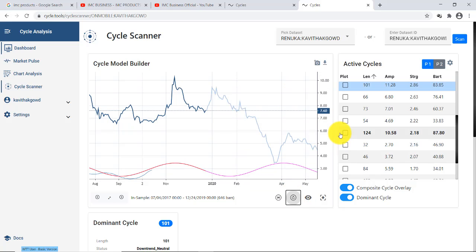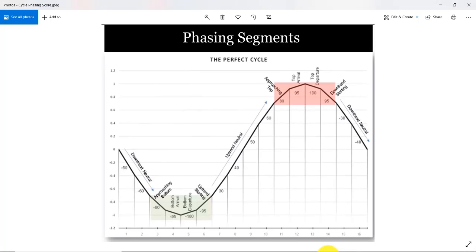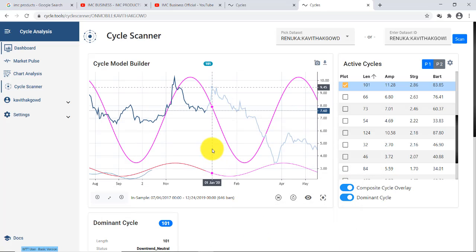Now assume, let's take the point here. Now what is it, 101, so let's apply the 101. In 101, the short term cycle is downtrend to neutral. For the long term cycle, reaching the bottom. So for short term it could be minus 30, and for long term it could be minus 70 or minus 80, we can say.